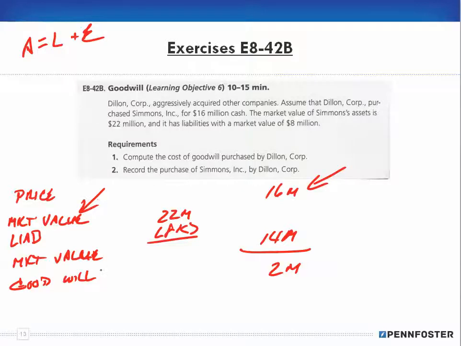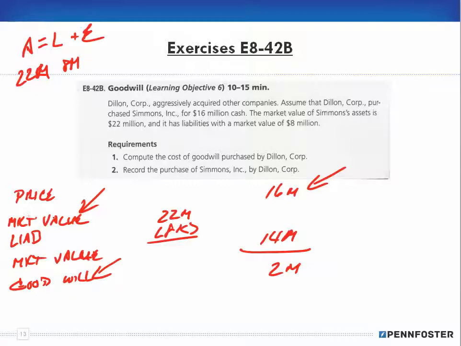Goodwill is an estimate. The market value is 22 million, but the market value of the liabilities is 8 million. Now, generally, the market value of the liabilities is the actual value of the liabilities, right?